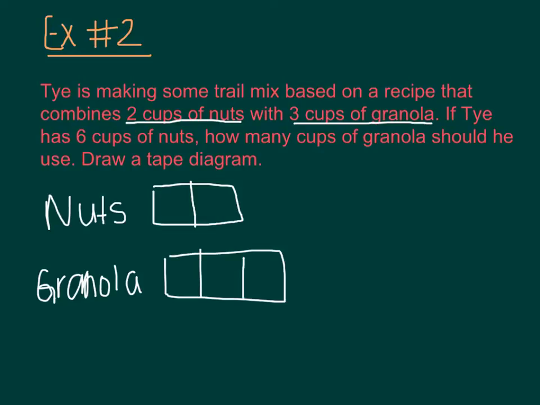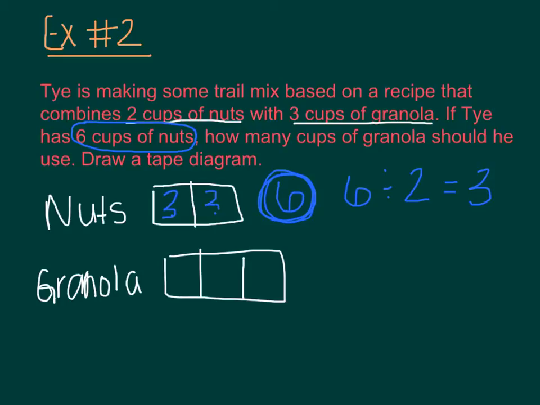Now it says, if Ty has 6 cups of nuts, so I know that my nuts have to equal 6 all together. And I have 2 boxes. So 6 cups divided by the 2 boxes equals 3. So that's how many goes in each box. 3.